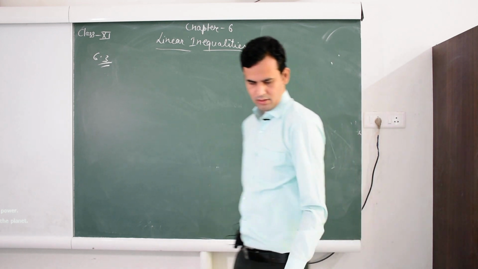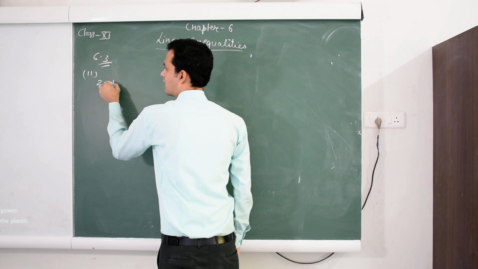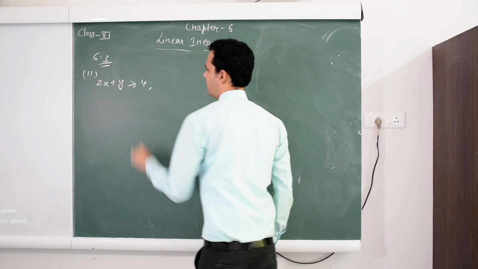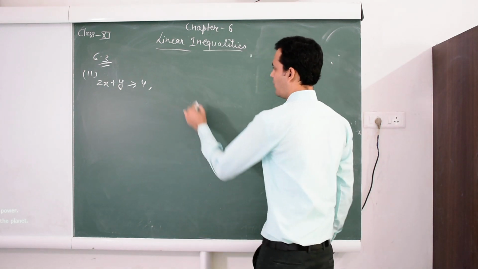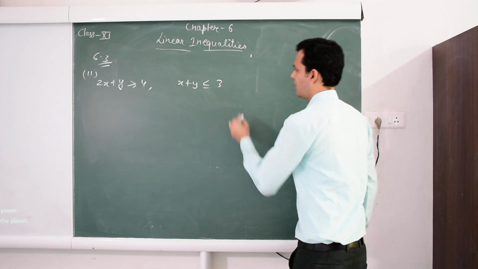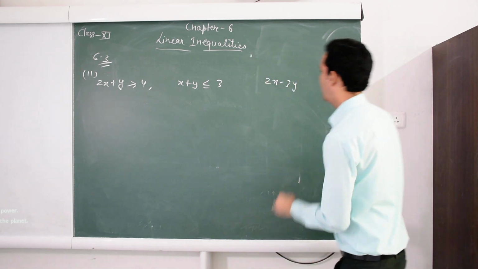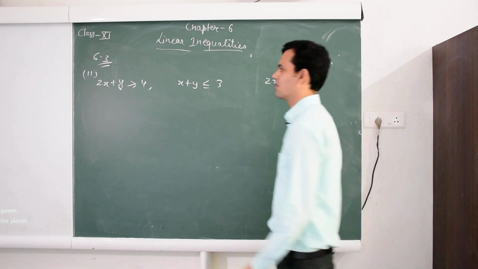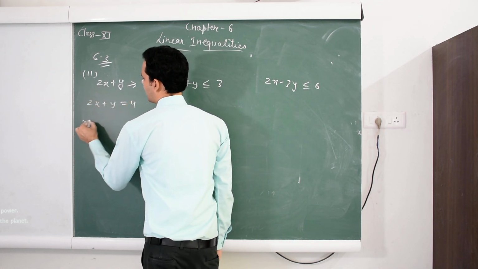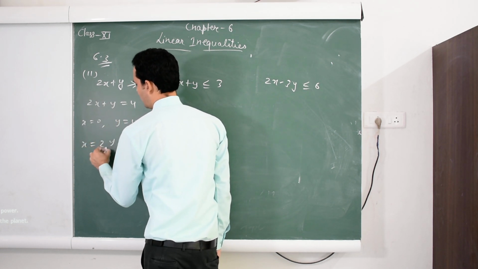Question number 11. In this 11th question, we have three inequalities. 2x plus y greater than or equal to 4. Second is x plus y less than or equal to 3, and 2x minus 3y less than or equal to 6. There are three equations. For the first we take 2x plus y equals 4. If x equals 0, y equals 4; if y equals 0, x equals 2.